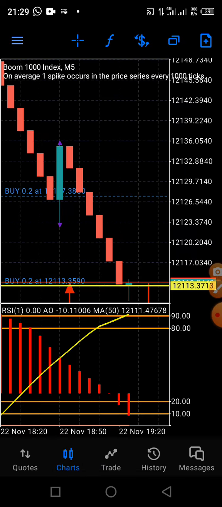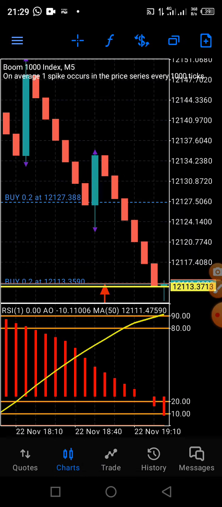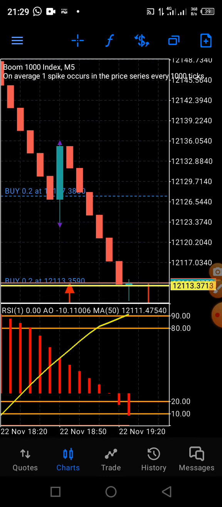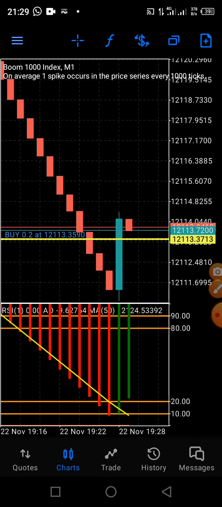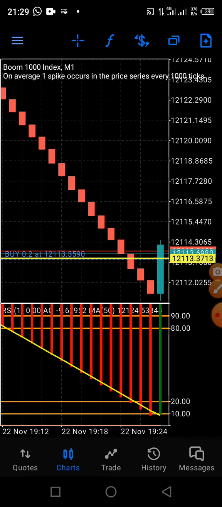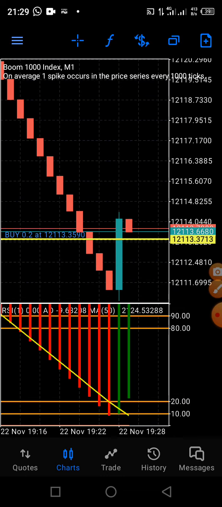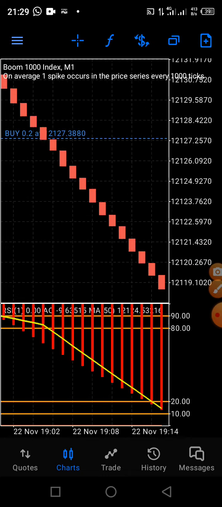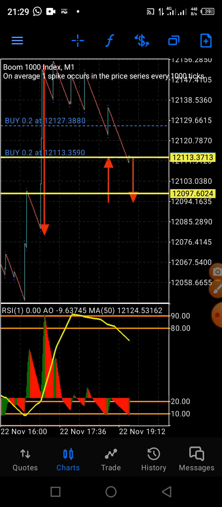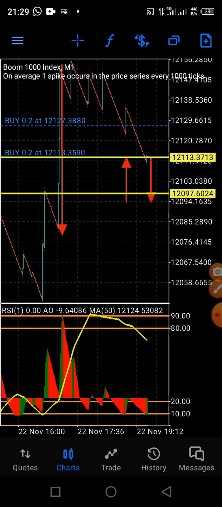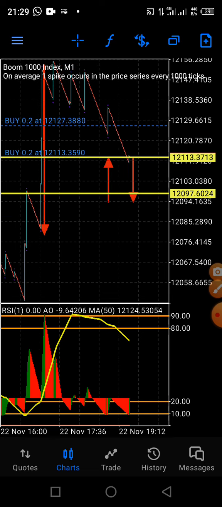If it was a big strike, it would have made huge profit. But have you seen? Immediate, exactly on the in-between line, the same line which I told you about. So have you seen this strike here? So it will strike again going up.